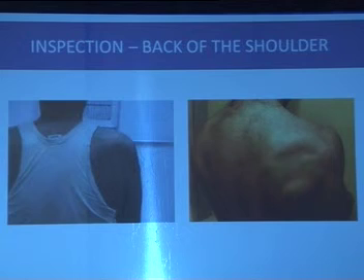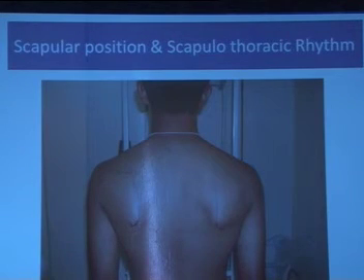Inspecting from the back also gives us a clue about neurological issues which might be troubling a patient, such as isolated infraspinatus weakness due to nerve palsy, and these patients are a different ball game than a conventional unstable shoulder. Scapular positioning and scapulothoracic rhythm are important.